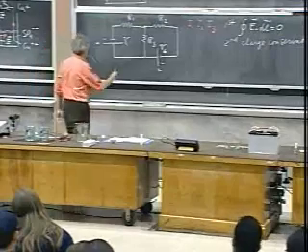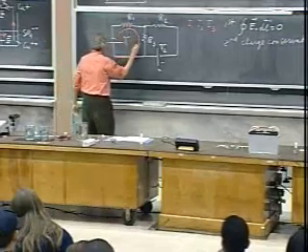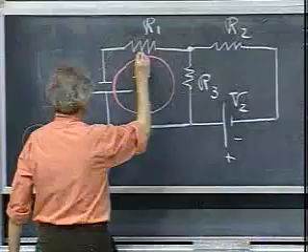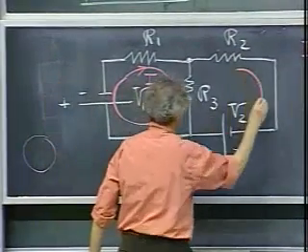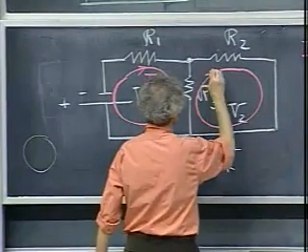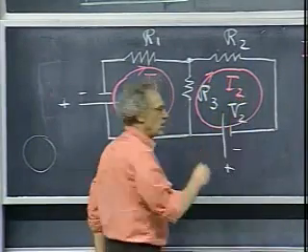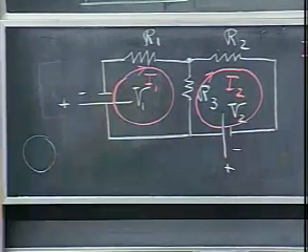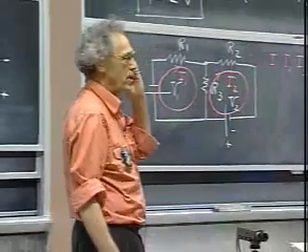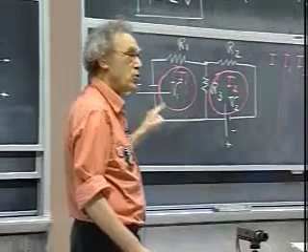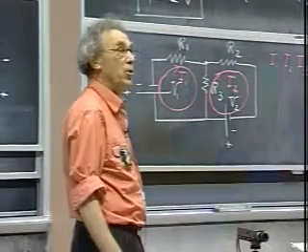I say, okay, I assume that there is a closed loop current here, I1. And that there is a closed loop current here, I2. Whether I make them clockwise or counterclockwise, unimportant. I could have chosen one clockwise, the other counterclockwise, unimportant. However, once I choose a direction, it has consequences, as you will see.